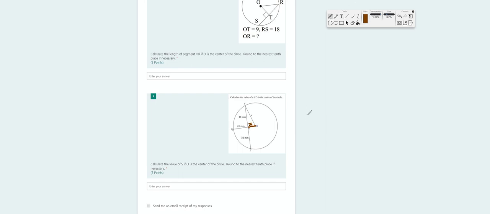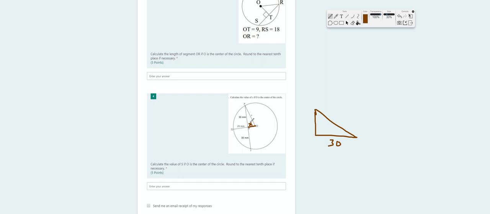So if you look at it, I'm gonna draw the triangle here. So we know that the bottom part is 30. They want us to find S, and we know that from O to Q is the same thing as S. So in this case, I'm going to take the S out.